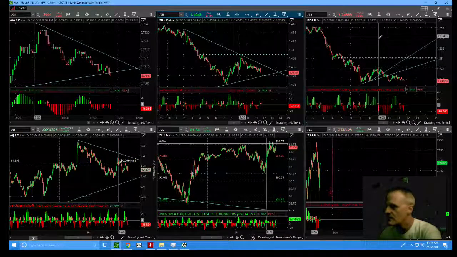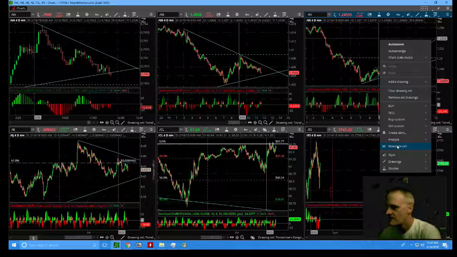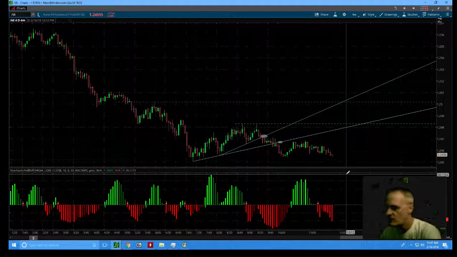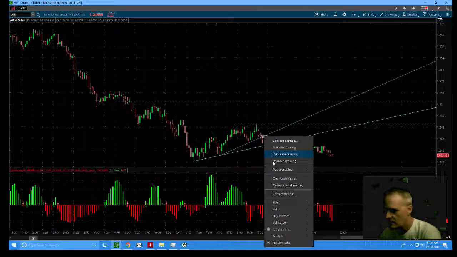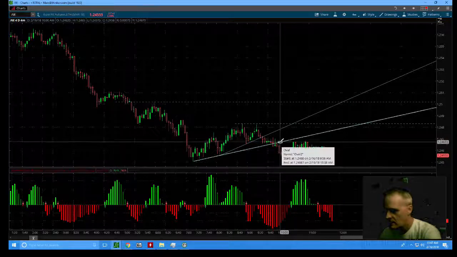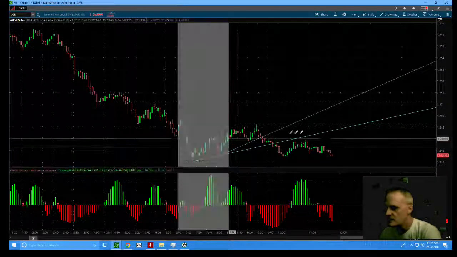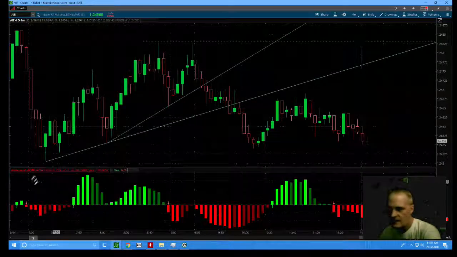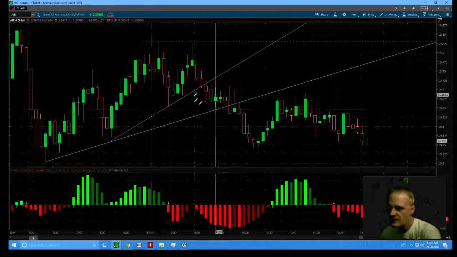It's something that helped me right here on the euro, just before we broke for lunch. I had been watching what the euro was doing, and here was a primary trend line, a secondary trend line.